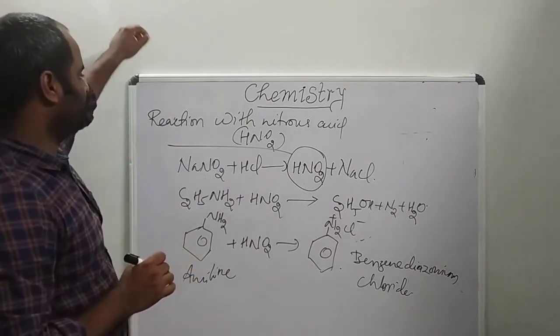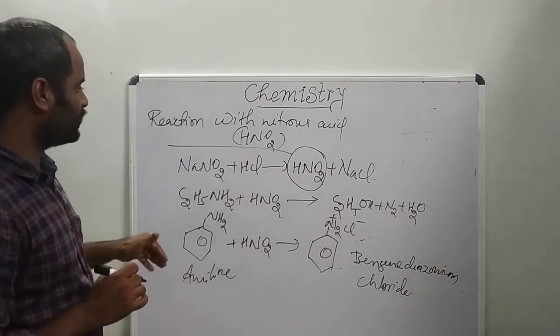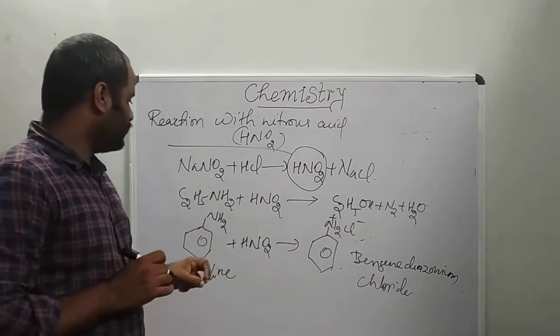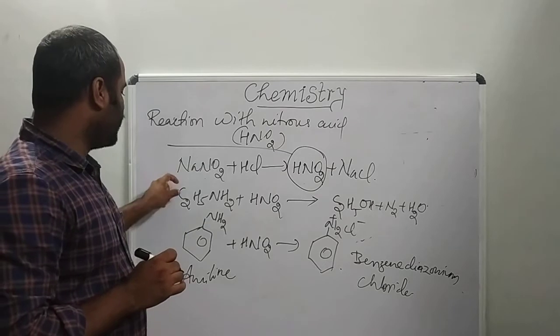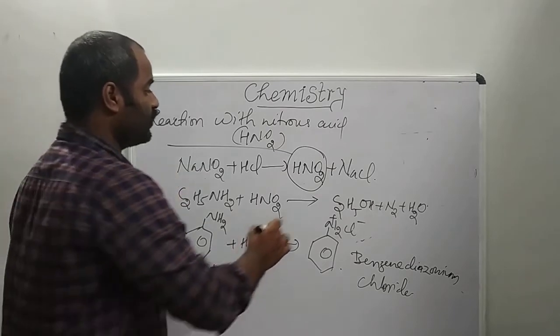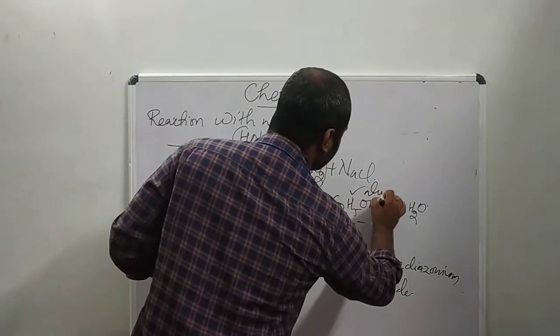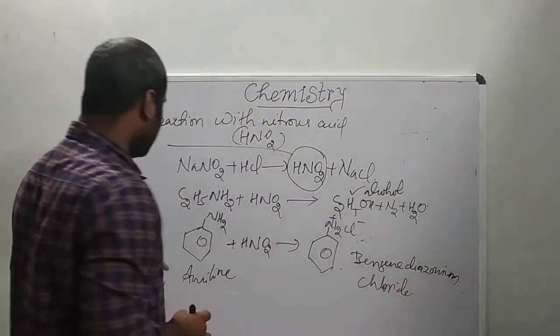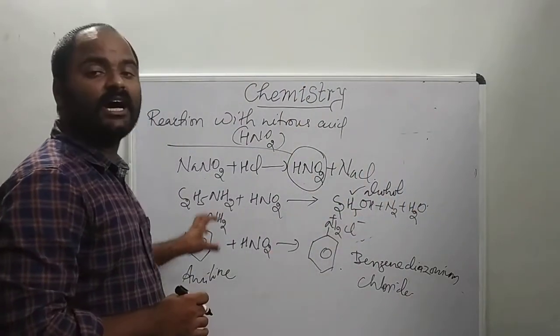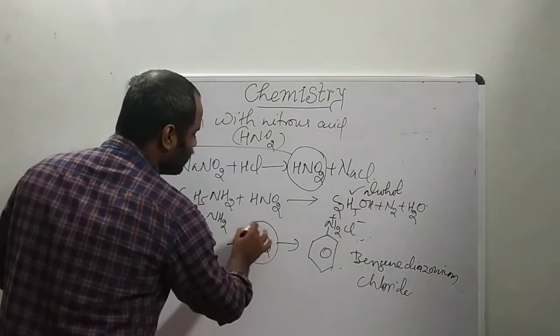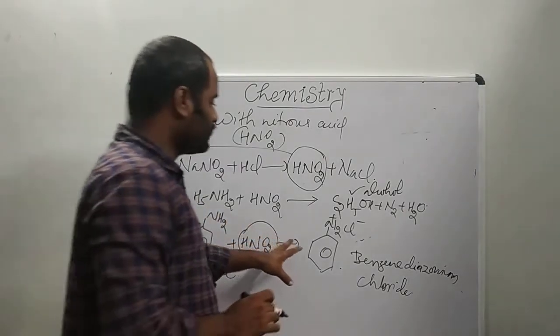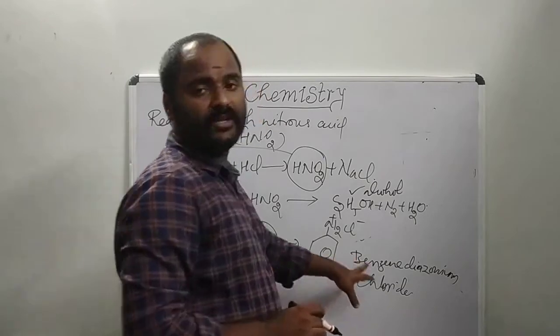So we have seen the reaction of amines with nitrous acid. When nitrous acid reacts with an aliphatic primary amine, you get alcohol. And aniline, that means aromatic primary amines, react with nitrous acid to give benzene diazonium chloride.